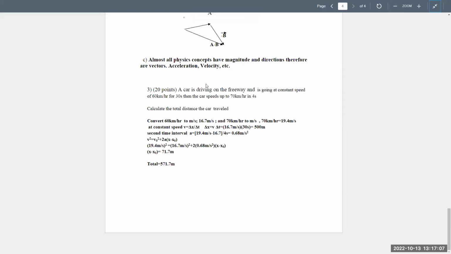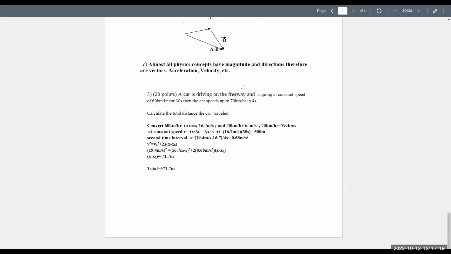The car is going constant speed for 30 seconds, and then the car speeds up to that speed in 4 seconds. So you can split this up into parts. So this kilometers for 3 seconds is part 1. And this is part 2. So we'll do part 1 over here.